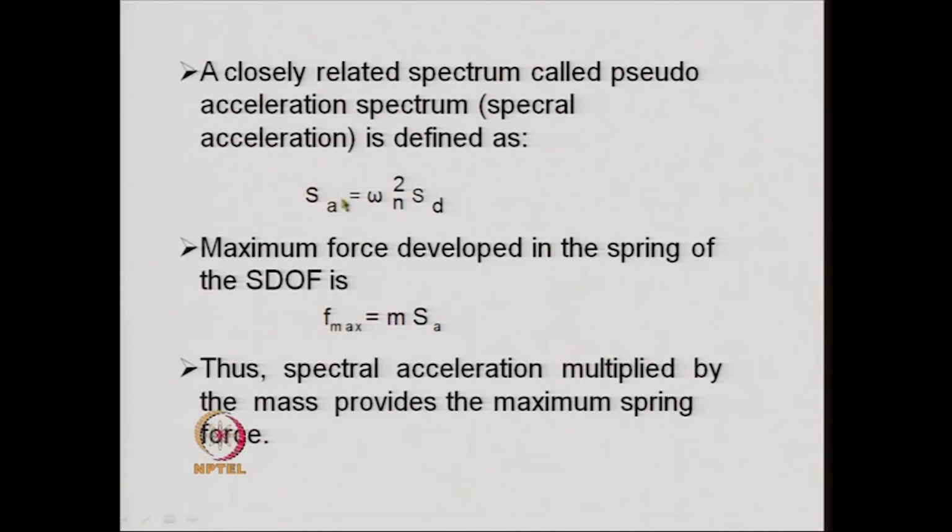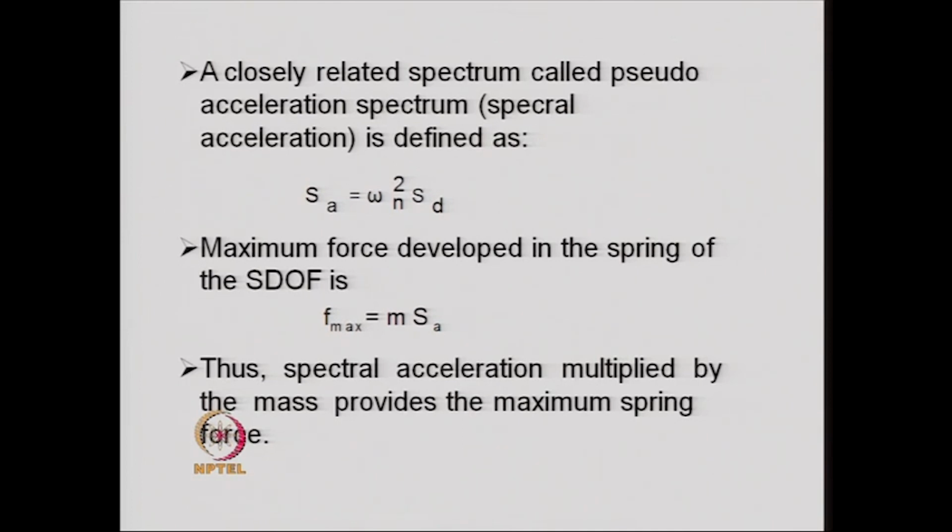So, one can plot now the SA versus omega n for a given damping ratio. So, we can plot three response spectra, that is the displacement response spectrum, velocity response spectrum, and the spectral acceleration response spectrum for different values of omega n.